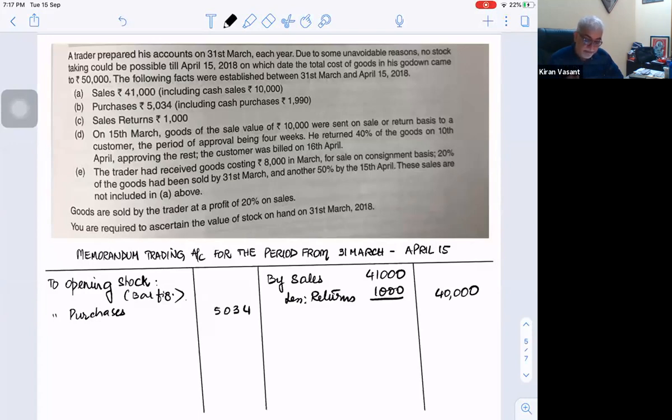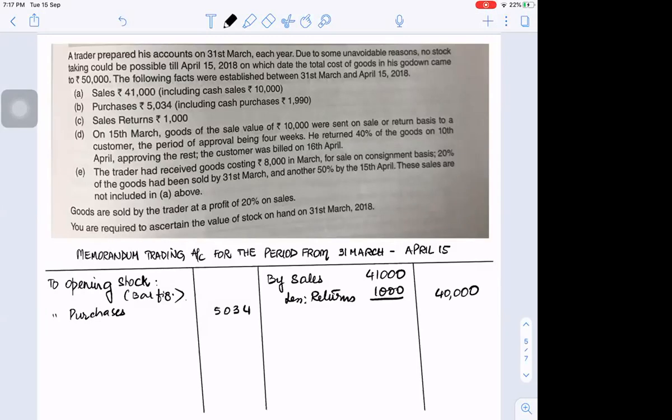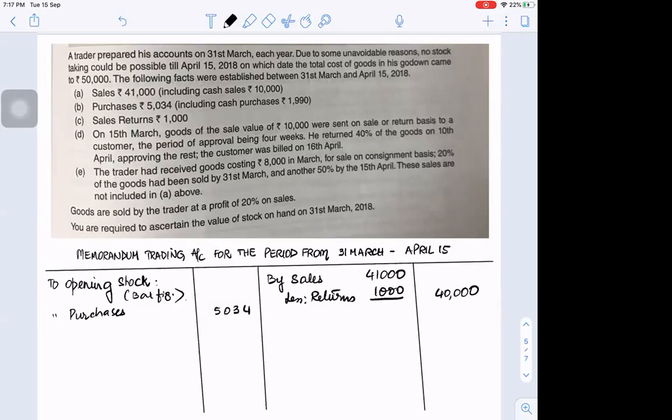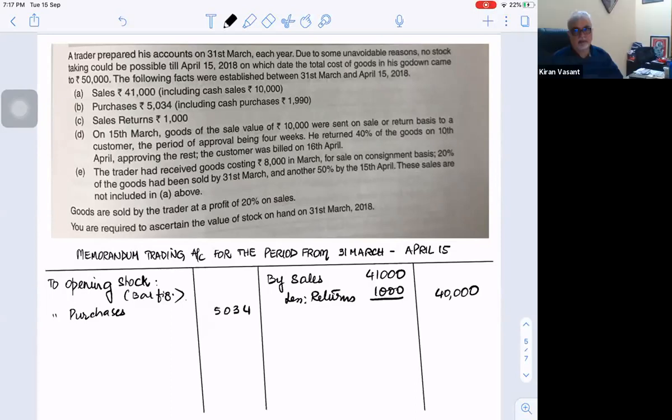As on 31st of March, where are the goods? They are lying with the customer. With the customer. But to whom do these goods belong? The proprietor. Proprietor. Okay. Therefore, when I take closing stock, I have been told that the closing stock is 50,000.